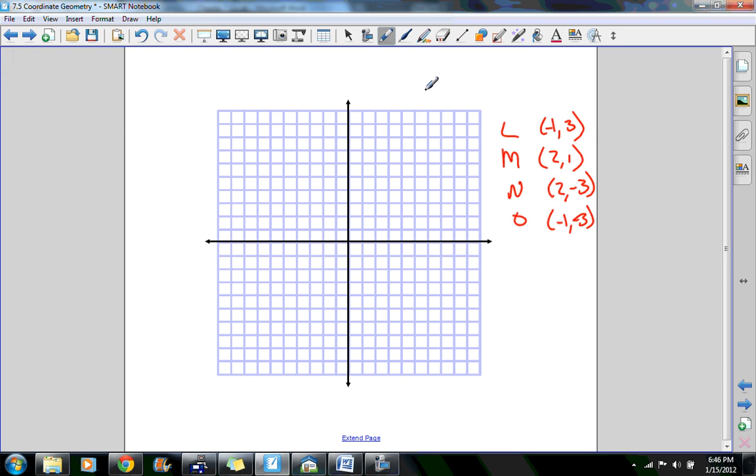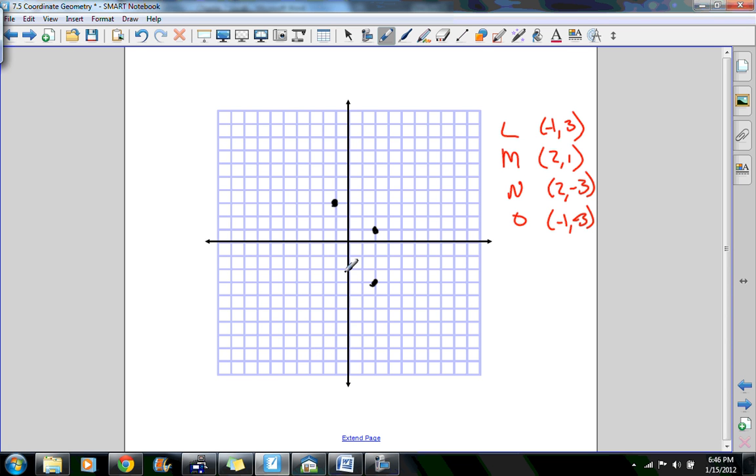Now we have to draw our own shape, find the midpoints for each of them, and classify. Okay, so we have L is -1, 3 right here. M is 2, 1, that's right here. N is 2, -3, that's right here.